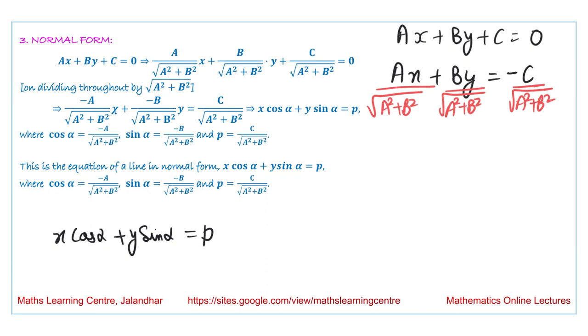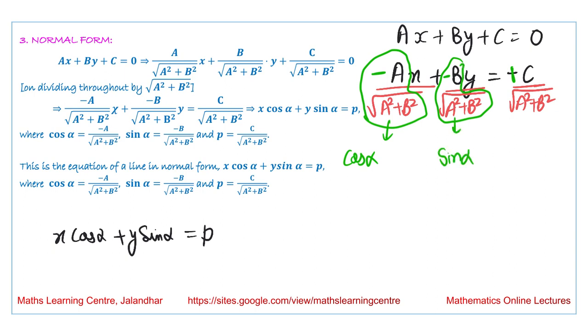Now if we multiply throughout by a negative sign, this term will become plus. This term, minus a by square root of a square plus b square, if we write it is cos alpha, and this, minus b by square root of a square plus b square, if we write it is sin alpha, then this equation will become cos alpha into x plus sin alpha into y, that is equal to c by this value, and this value we are writing is equal to p.